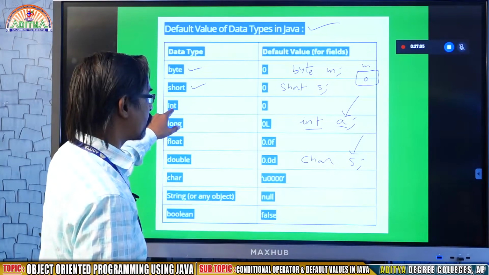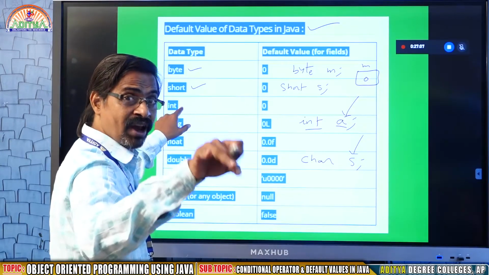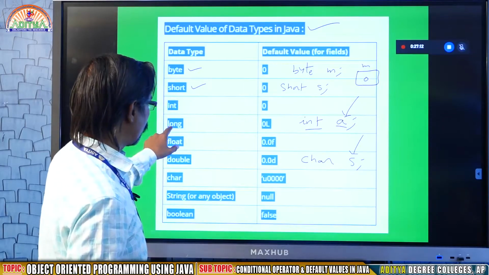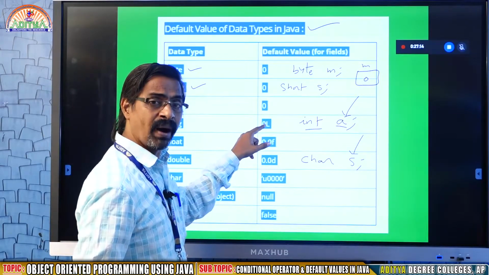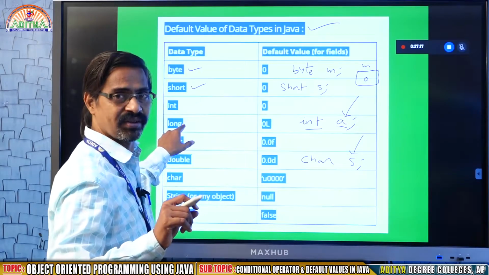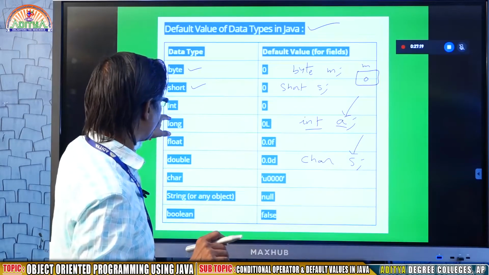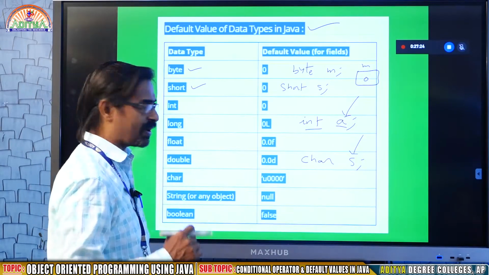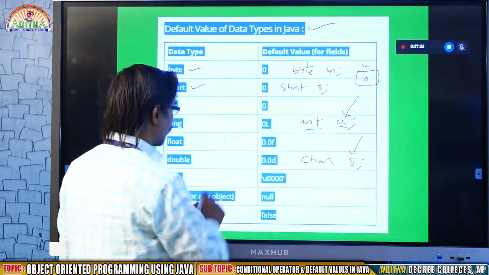If you define any variable with int, without giving any value, by default it will take 0. Long also will take 0, but long is 8 bytes. Integer is 4 bytes, long is 8 bytes. So it will take 0L.